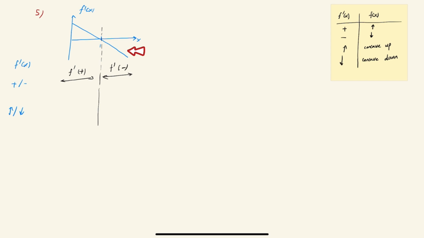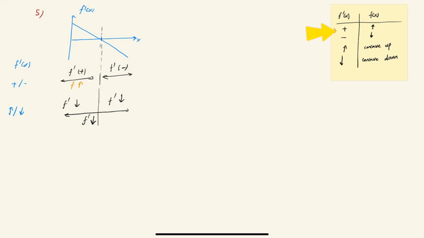On the second, f prime is negative since it's below the x-axis. Here on the first interval, f prime of x is a decreasing function, and then on the right one, f prime of x is also a decreasing function. Therefore, for the whole interval, f prime of x is a decreasing function.